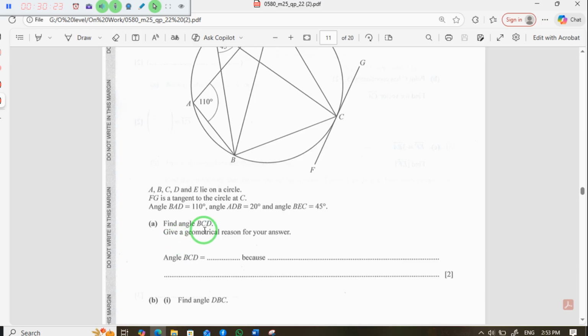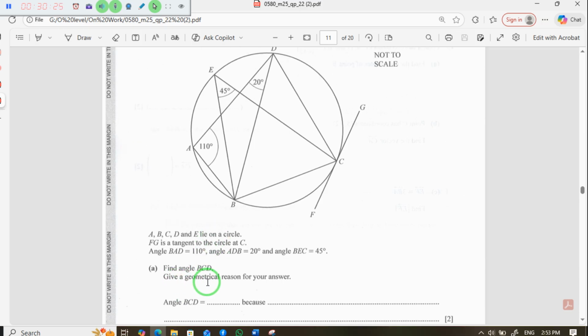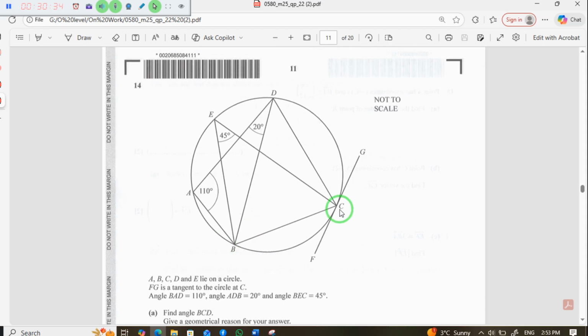Find the angle BCD. Give a geometrical reason for your answer. First, we should find the value of BCD. Where is BCD? We should find the value of this angle and give a reason for that.